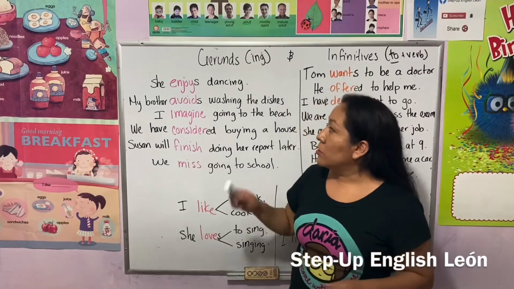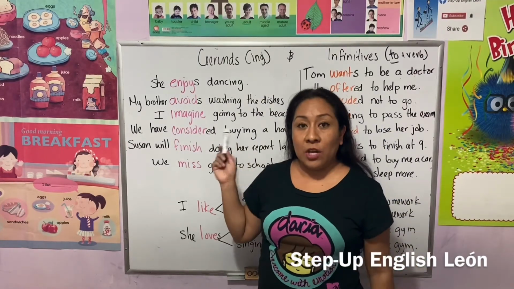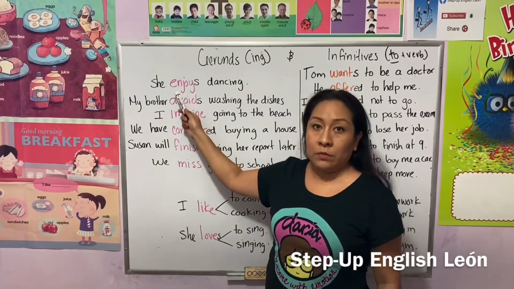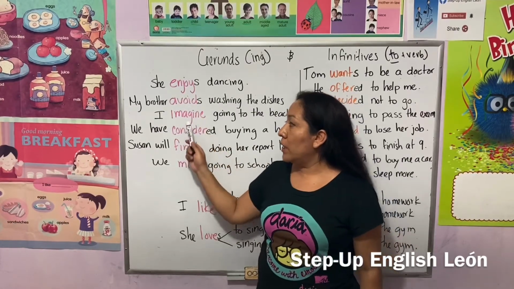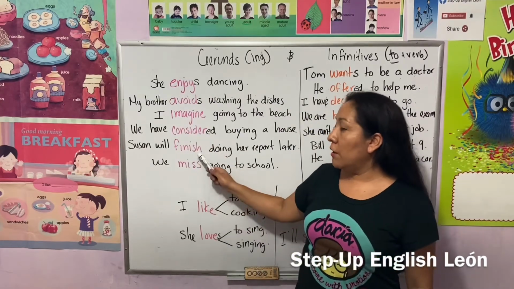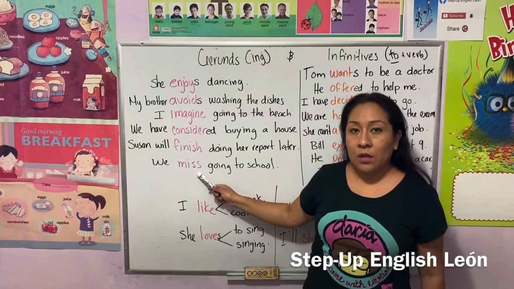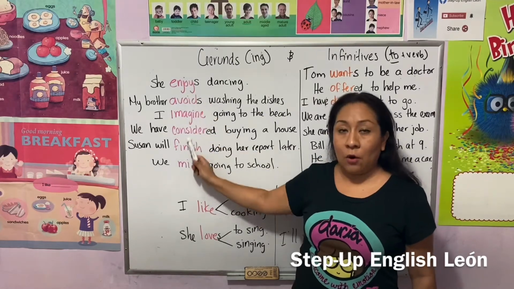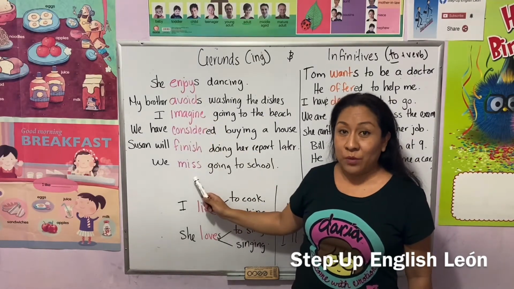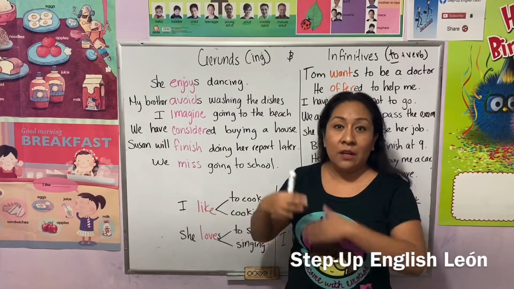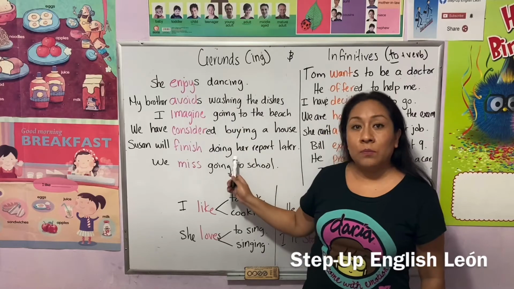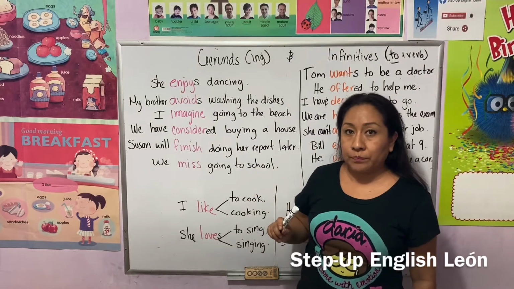Okay, so verbs that generally take a gerund are the verbs enjoy, avoid, imagine, consider, finish, and miss. What does this mean? That when you use any of these verbs as your principal verb and you need another action next to it, that next action is going to be in the gerund form.